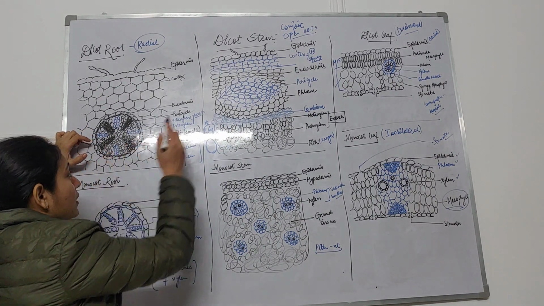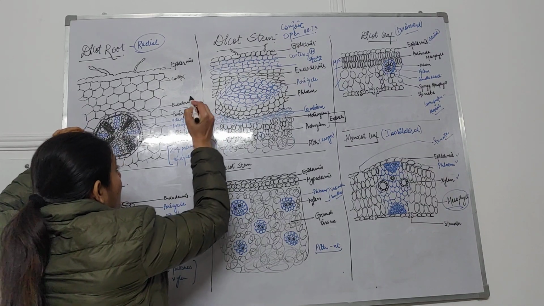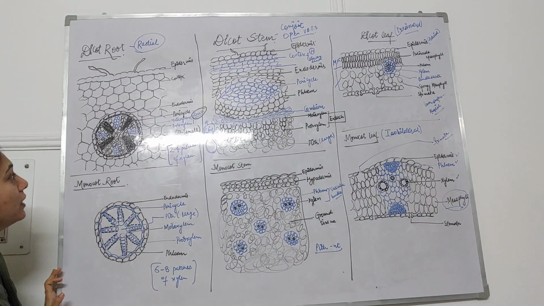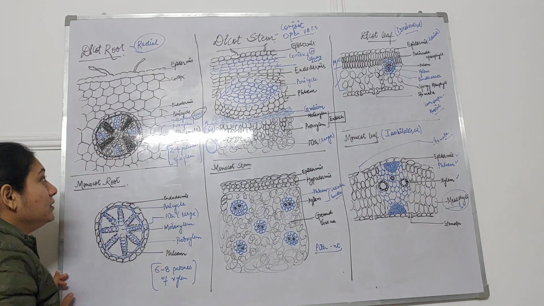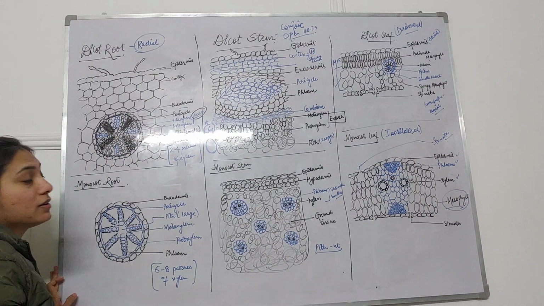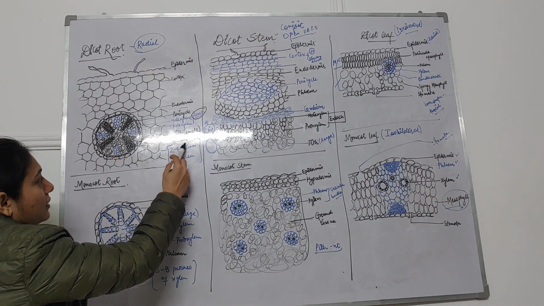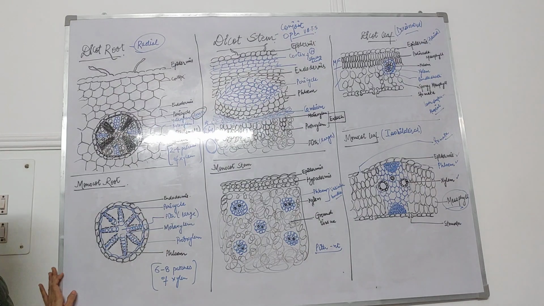Xylem is in the exarch condition, which means protoxylem is towards the periphery, whereas metaxylem is towards the center, and the phloem is present near the xylem.